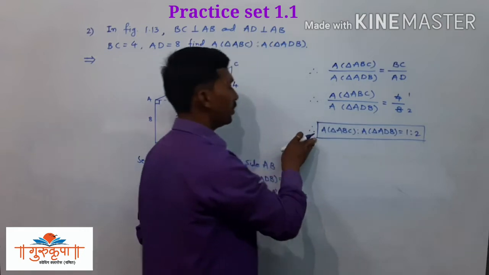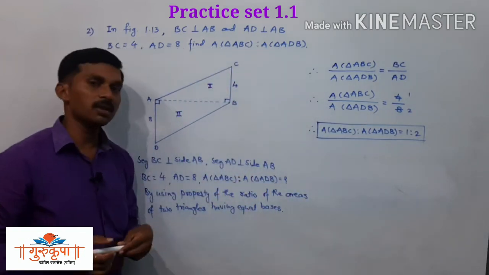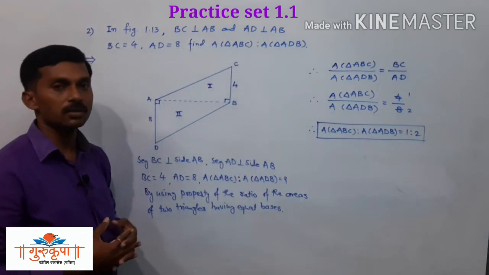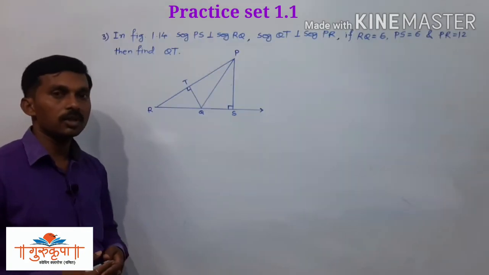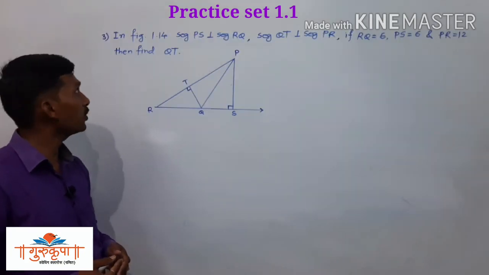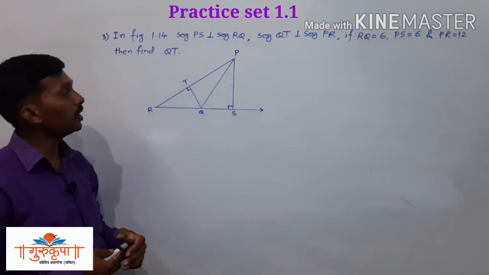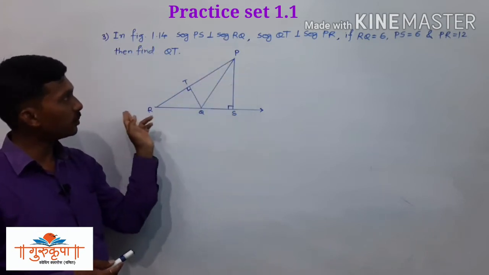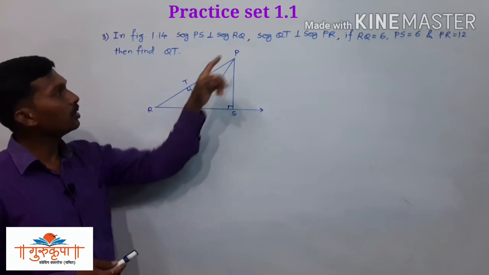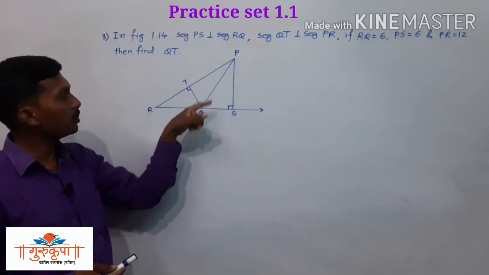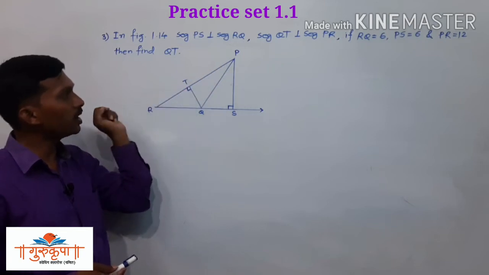Now you have to study the next question, that is question number 3rd. Third example from the practice set 1.1. The question is, in figure 1.14, seg PS is perpendicular to this RQ, seg QT is perpendicular to the side PR.